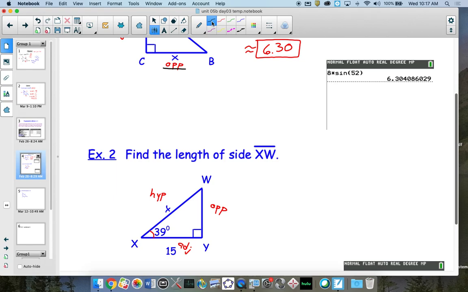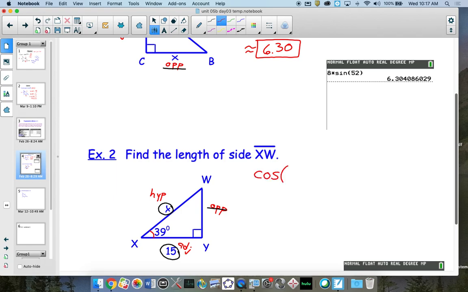And now we have to decide which ones we're going to use. Well, we have 15 for the adjacent, so that's one we're going to use. We're trying to find the hypotenuse, so that's the other one we're going to use. So we don't need to use the opposite. We want hypotenuse and adjacent. So if you look at SOH CAH TOA, which one uses adjacent and hypotenuse? That would be the cosine.